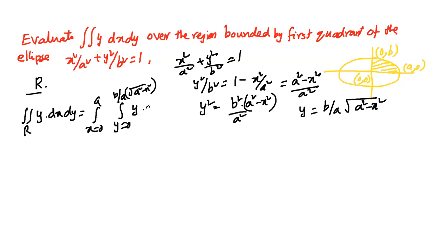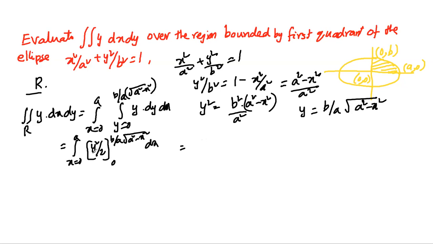Since y is from 0 to this, this is the upper limit. Now the double integral over R of y dx dy is equal to the integral x from 0 to a, integral y from 0 to b by a square root of a square minus x square, of y dy dx. Now compute it. Integral of y is y square by 2, from 0 to b by a square root of a square minus x square, into dx.